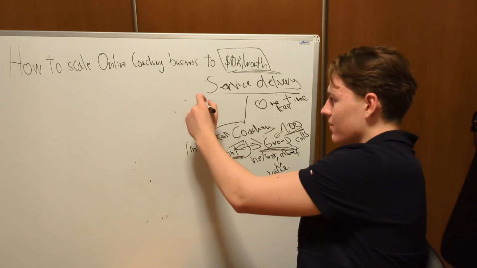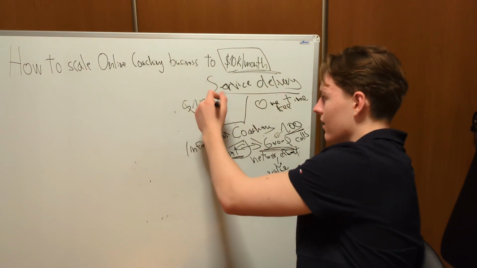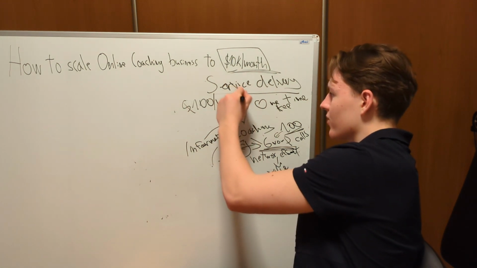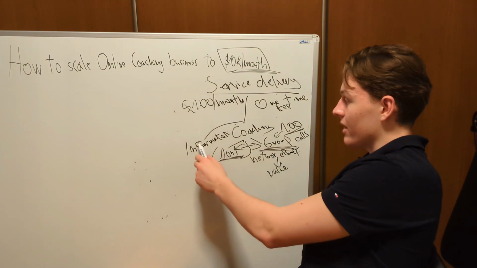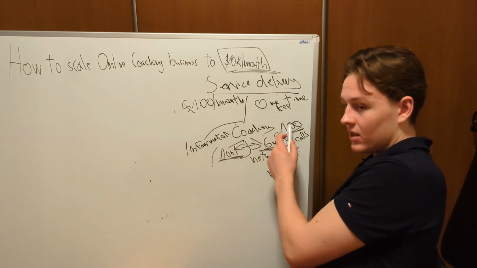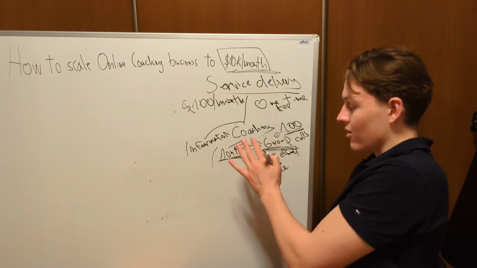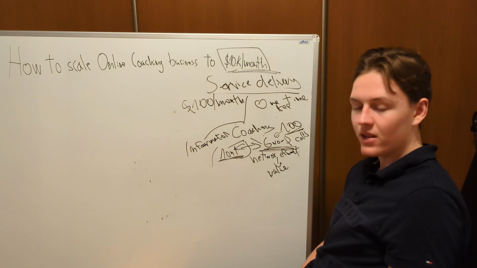If you just have, let's say, a $100 per month model, this doesn't really work, right? Because most people are just going to take the information, take what they can from the group. They're going to get on as many calls as they can in the first month, and they're going to churn, right? Then they are most likely going to churn.